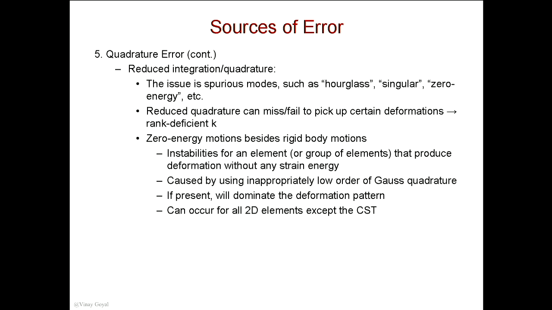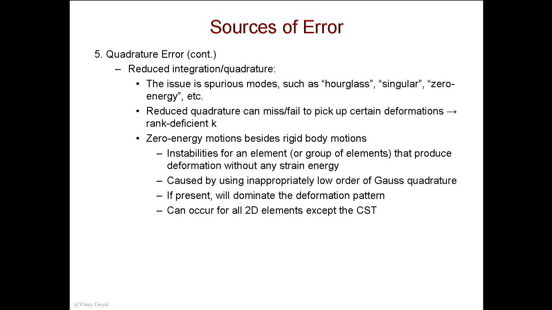Let me explain some other issues you find with reduced integration. The issue is you can get spurious modes. I will discuss that in a few minutes. We call this hourglassing. Sometimes you get singular matrices or zero energy. The reason is that reduced quadrature can fail to pick up deformations of the structure. Think about these Gaussian quadrature points as detection points inside that element.